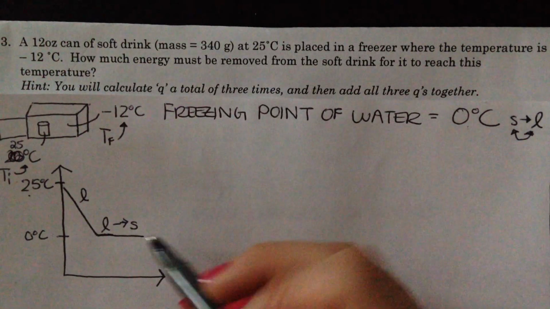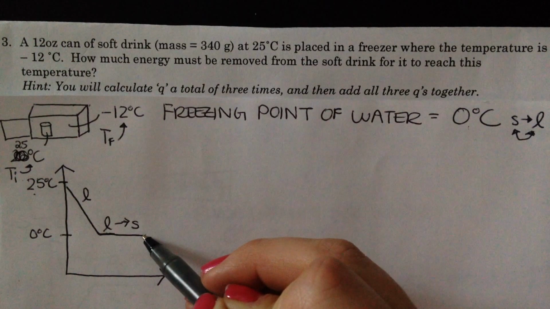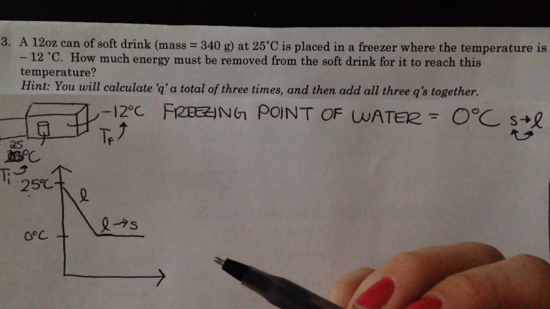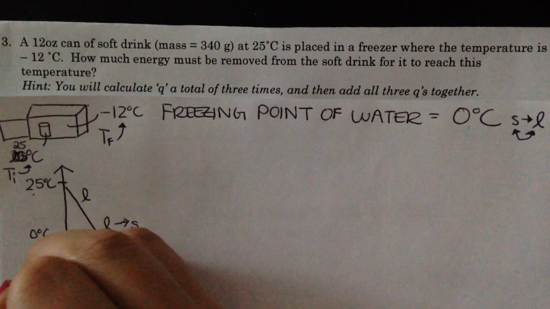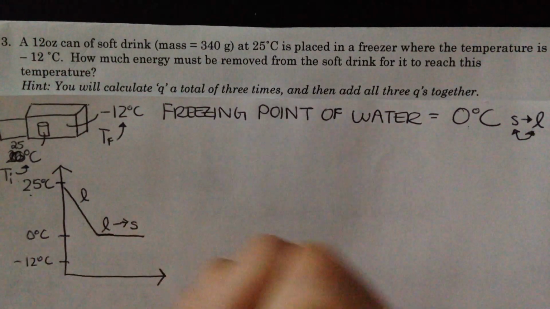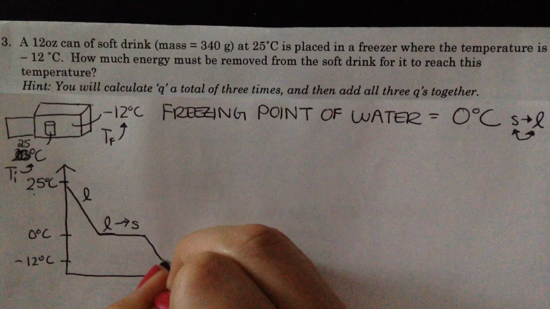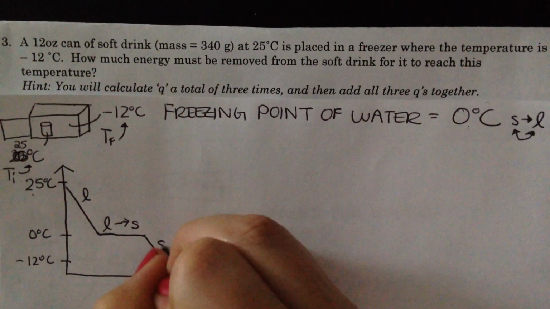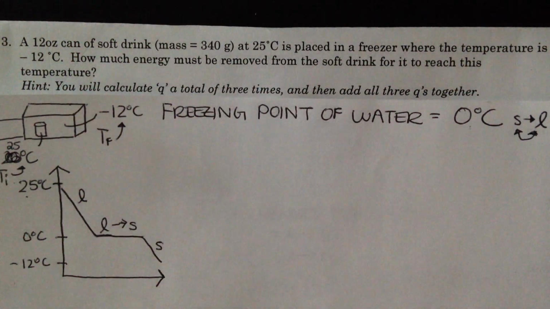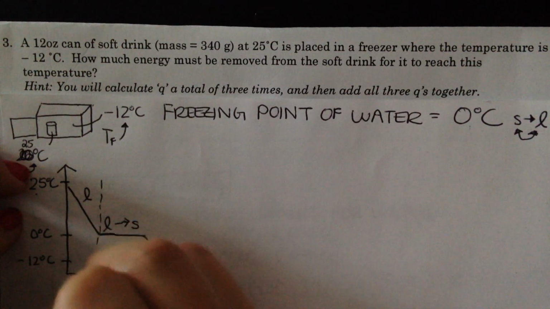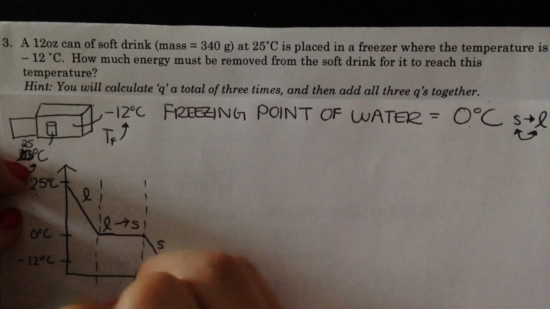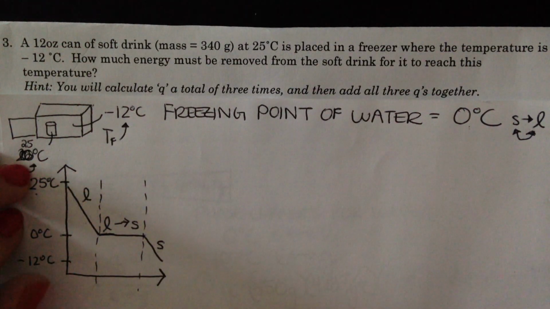And then from there, I haven't reached my final temperature yet. My final temperature is negative 12 degrees Celsius. So it's going to cool down even farther until it reaches negative 12 degrees Celsius. So, like I said in my hint, we have 3 different portions to our cooling curve, and that's going to give us 3 different Q's.